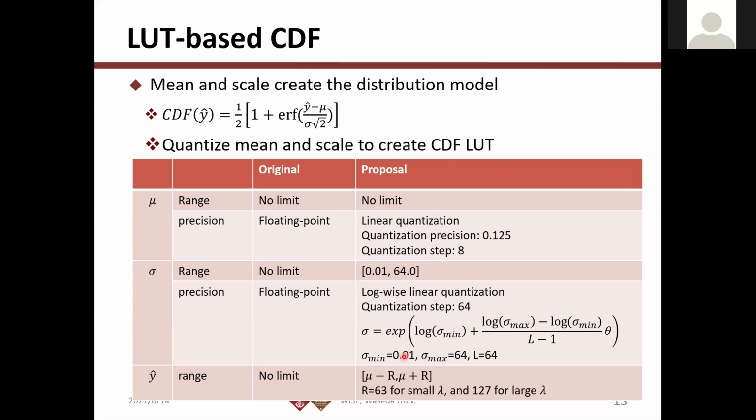Therefore, in order to share the CDF LUT for different mean values, we will limit the range of Y hat within the mean minus R to the mean plus R. This R is set as 63 for small lambda and 127 for large lambda.